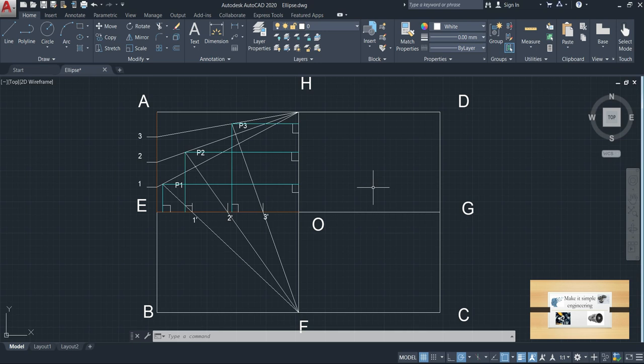After that, you have to extend the perpendicular lines which are drawn towards OH from P1, P2 and P3 towards the right hand side of the figure. You have to extend these three lines by the same distance here, like this.